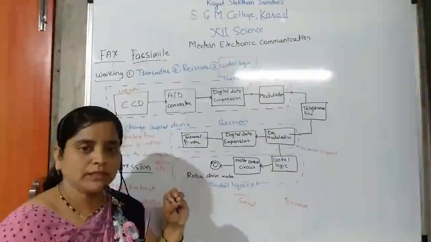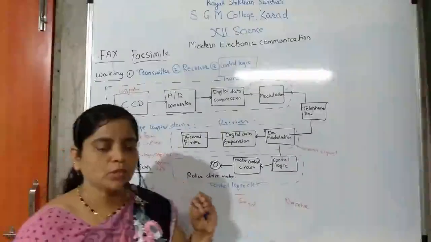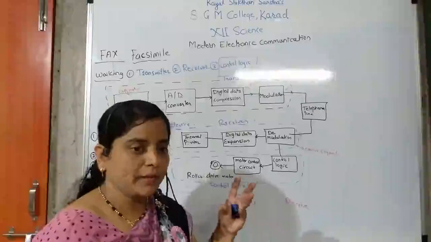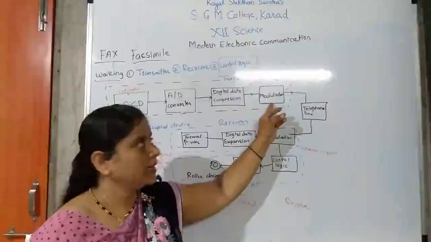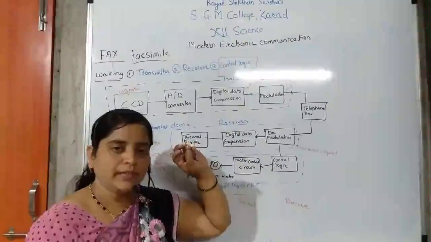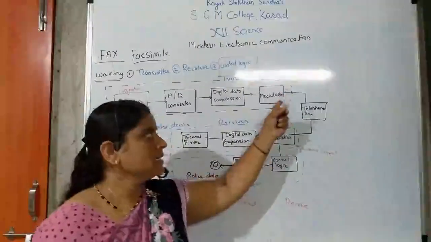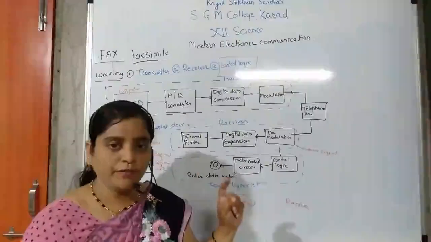Compressed means some bits are reduced so that it requires less storage or space, and more data can be stored. It is then given to modulation, and modulation is nothing but the original signal being added with the carrier signal, or a high frequency signal. That modulated signal is given to the telephone line.